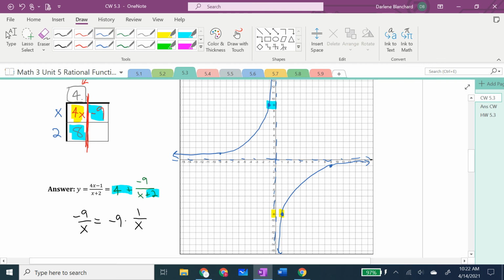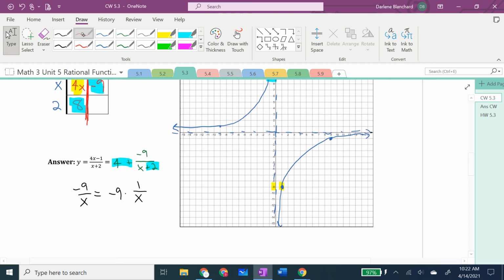Now, do you see what the addition and subtraction is telling us? This plus 4 is saying we're going to move it how?